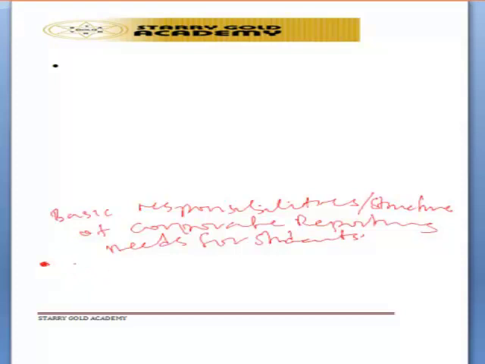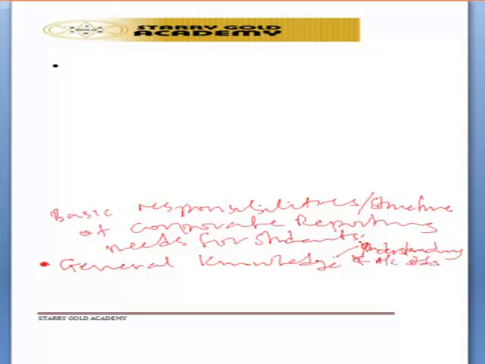But at this level, you are expected to have an understanding of some general knowledge. Your general knowledge can be your understanding of previous accounting standards, your understanding of accounting standards. Then part of your general knowledge is your synthesification.